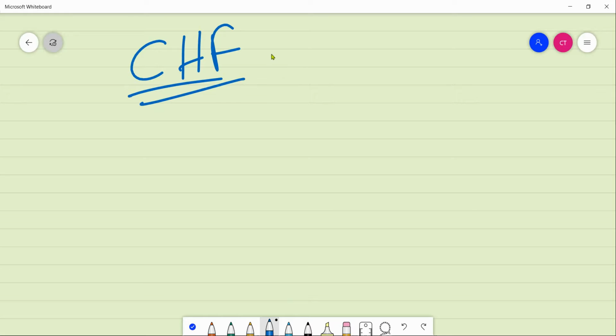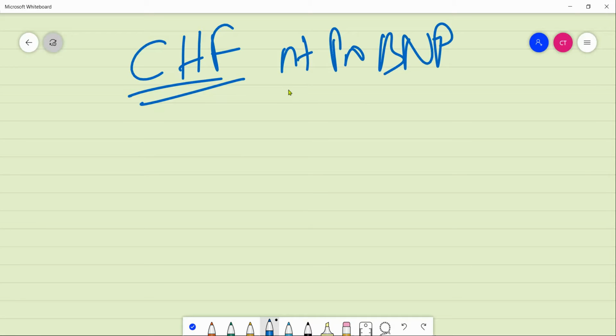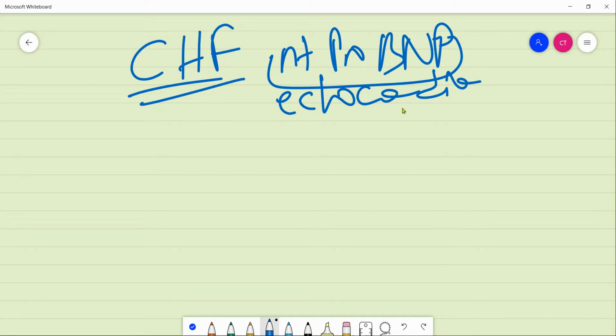So what did we do for that? We obtained NT-proBNP. And if we have really clinical suspicion or this is elevated, we may have echocardiography. Or if the patient undergoes computed tomography, we can also see if there is any pericardial effusion or pleural effusion.